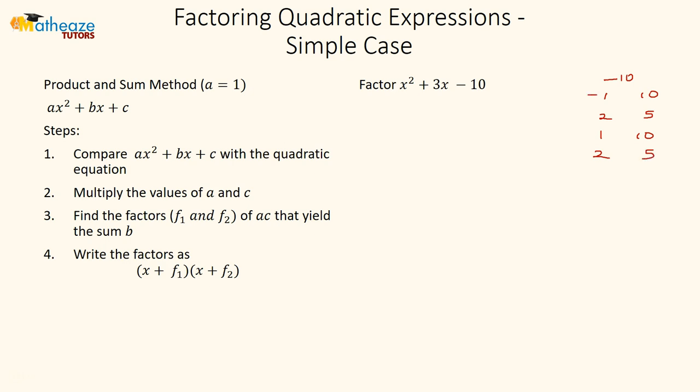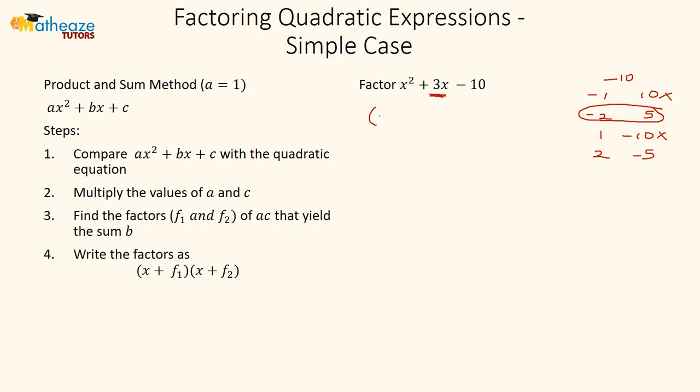So let's put a negative here, negative here, negative here, negative here. So we need to look for which set gives us a relationship that leads to 3. This does not, this does not. So we have, because it's positive here, the negative sign will have to be on the smaller number. So this is going to be our chosen set.